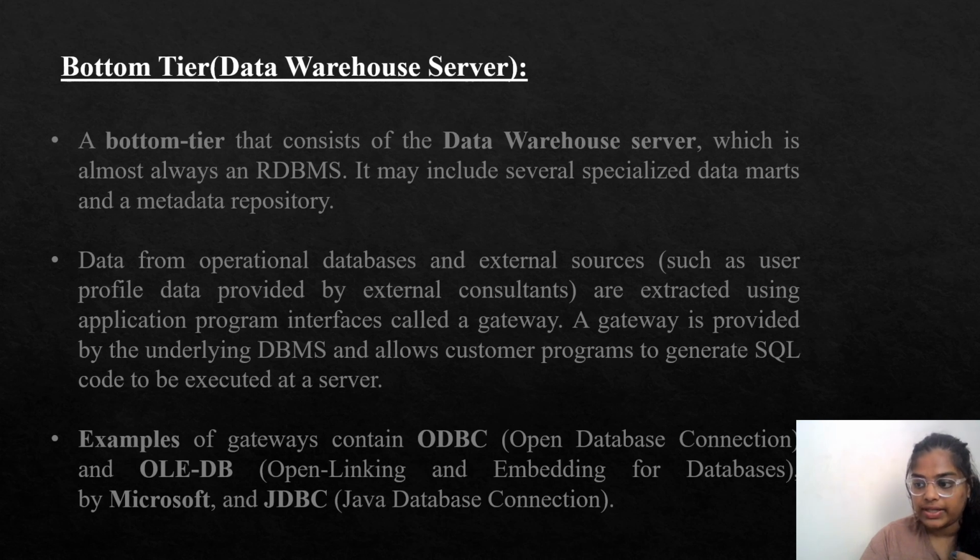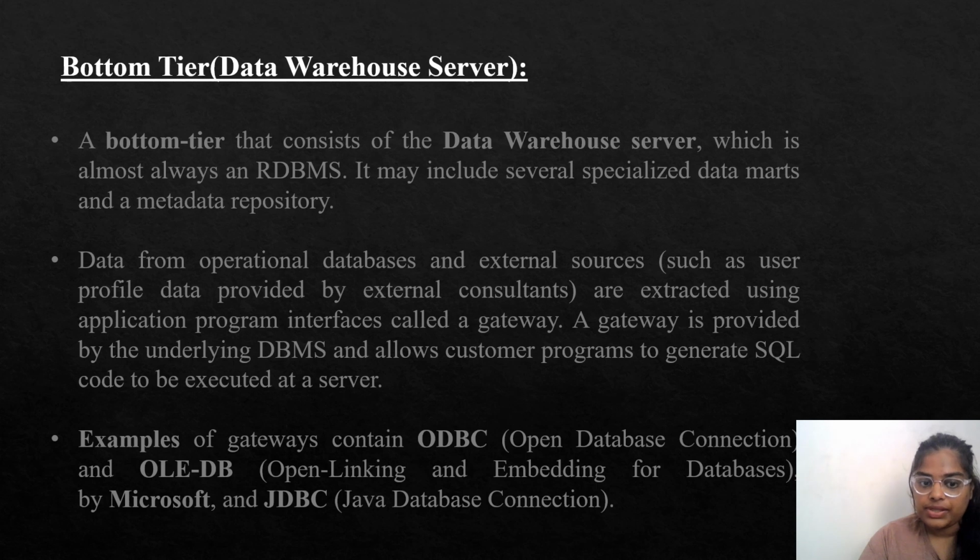Application program interfaces like ODBC, which is Open Database Connectivity, OLEDB, which is Object Linking and Embedding for Databases, and JDBC, Java Database Connectivity, are supported. Data from operational databases and external sources, such as user profile data provided by external consultancies, is extracted using application program interfaces, which are also called gateways.